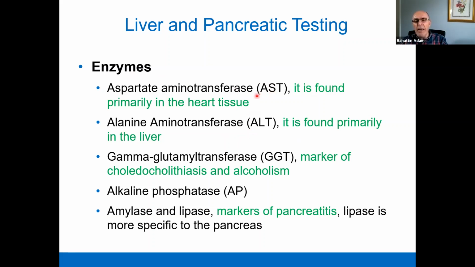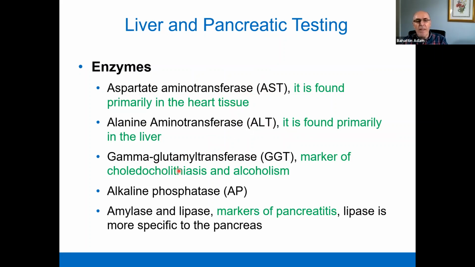However, AST, aspartate aminotransferase, is mainly found in heart tissue. Alanine aminotransferase is found primarily in the liver, and this is mainly a liver function test. This is a heart function test.